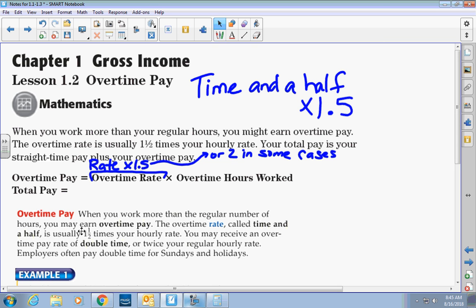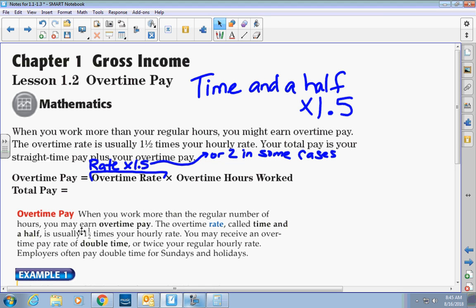If you're making double time, then it's multiplied by 2. So whatever your normal rate is, whether that's $10 an hour, $12 an hour, or $35 an hour, you multiply it by 1.5 if it's time and a half, or 2 if it's double time.